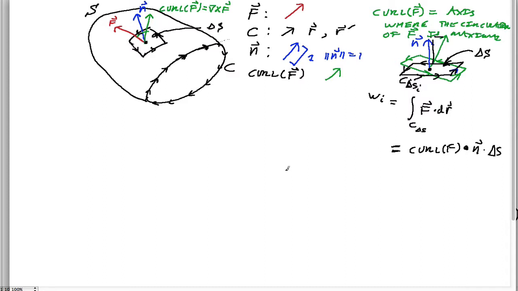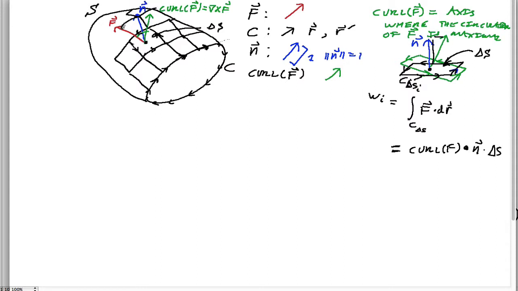So now we want to make a patchwork of other little curls and other little work integrals all around here. We want to tile out the entire surface.